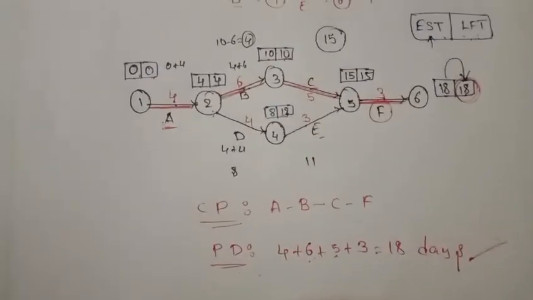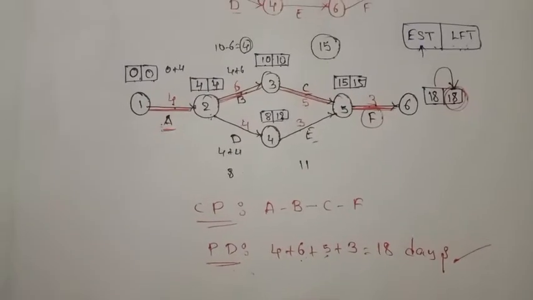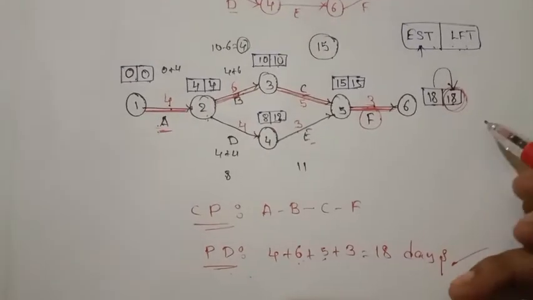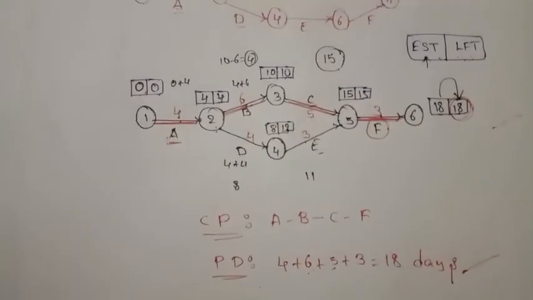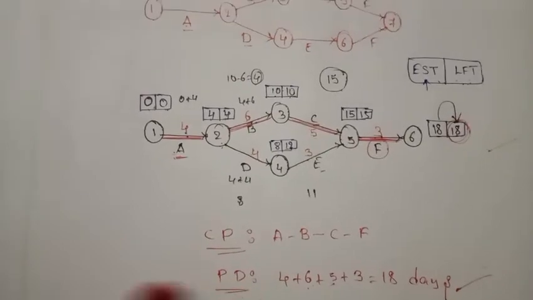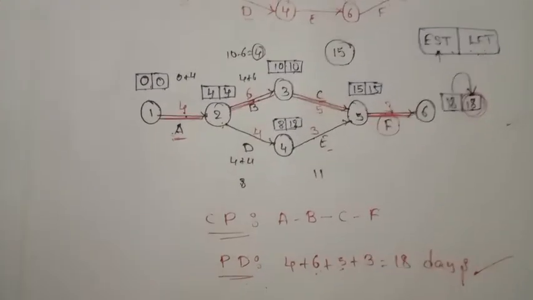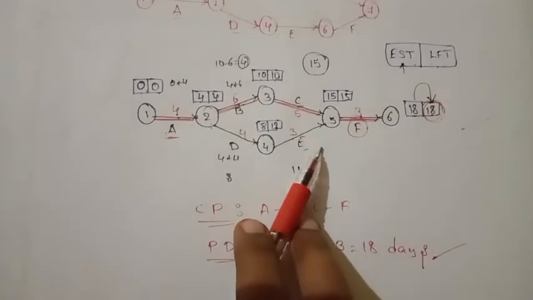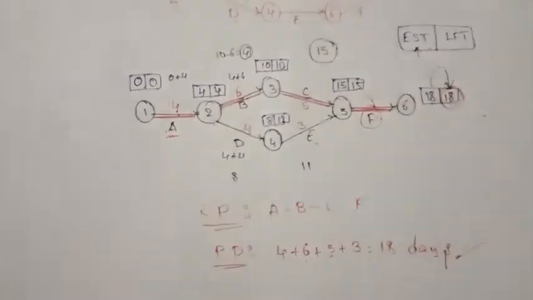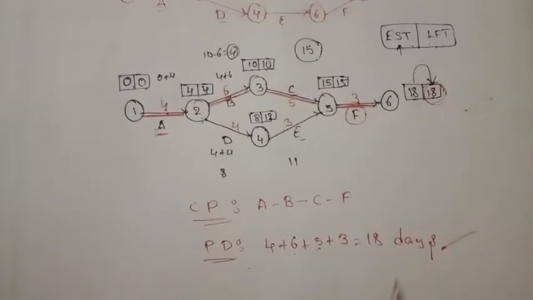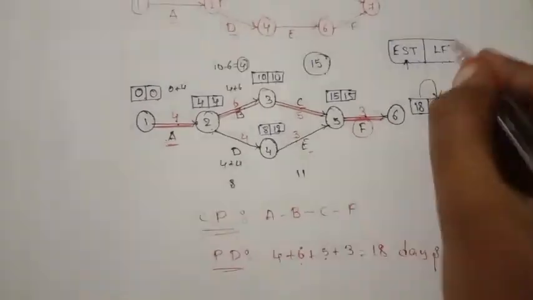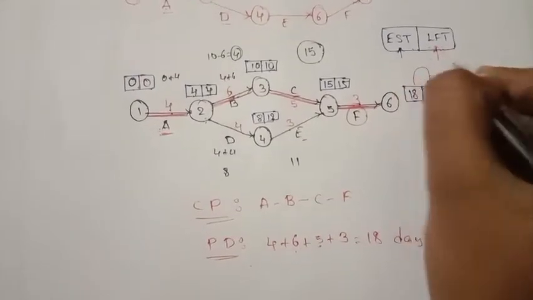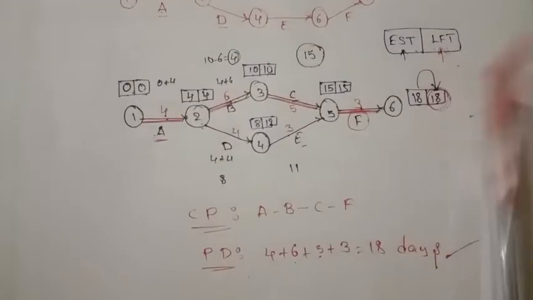I think it is very easy. First of all, the main thing is you need to draw the network diagram correctly, using the activities they have given. The second step is you need to find the EST and LFT values, that means earliest starting time and latest finish time.